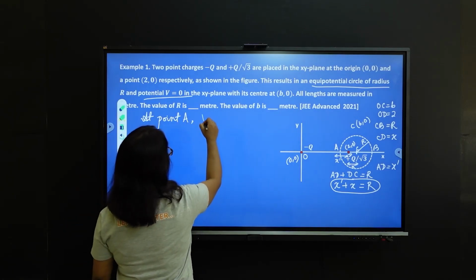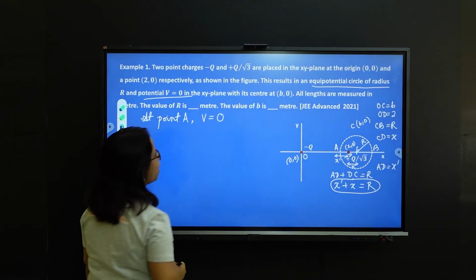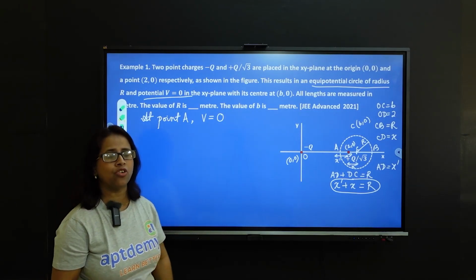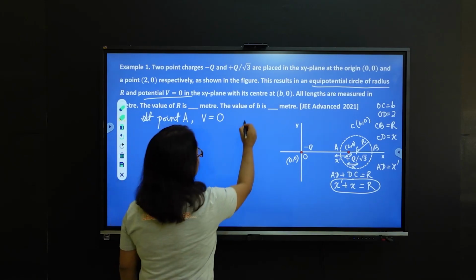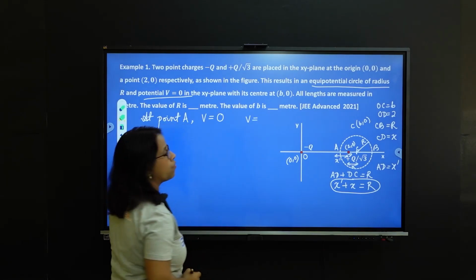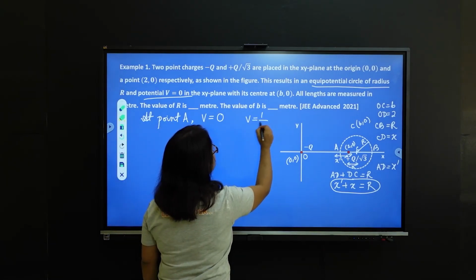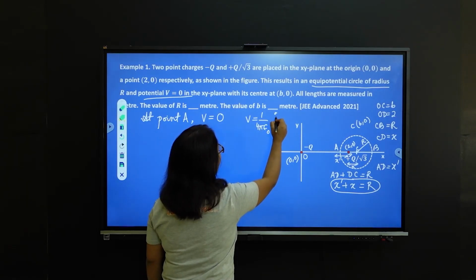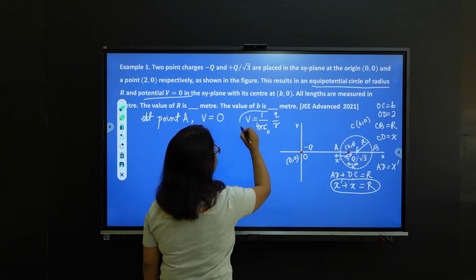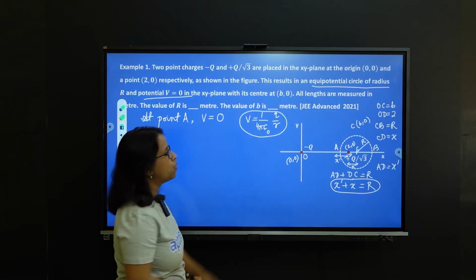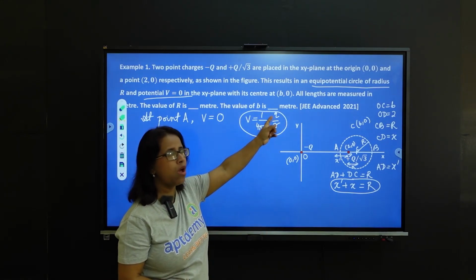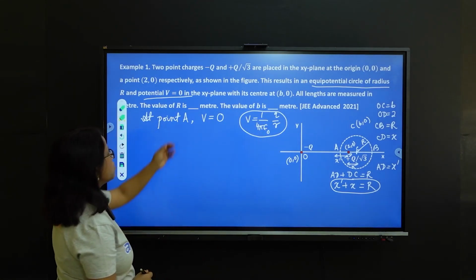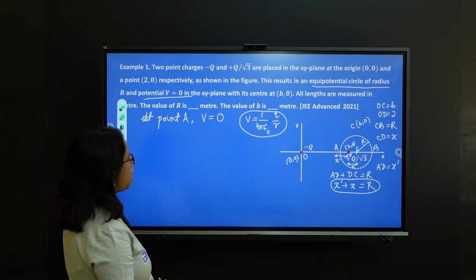So, the net potential at point A is equal to 0, and it is a combination of two potentials. Let's recall the formula for potential: V equals 1 by 4 pi epsilon naught times q by r. This was the original formula, where r is the distance of the charge q from the point at which we are finding the potential. So here the point considered is A.